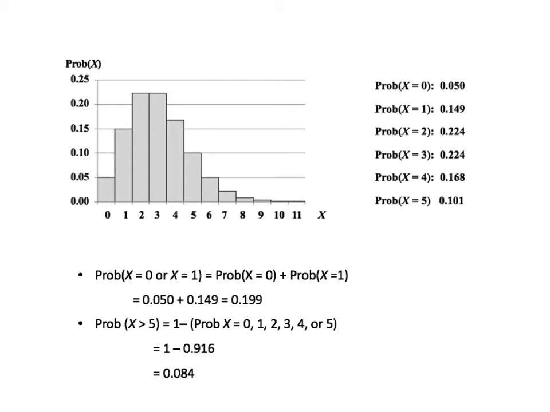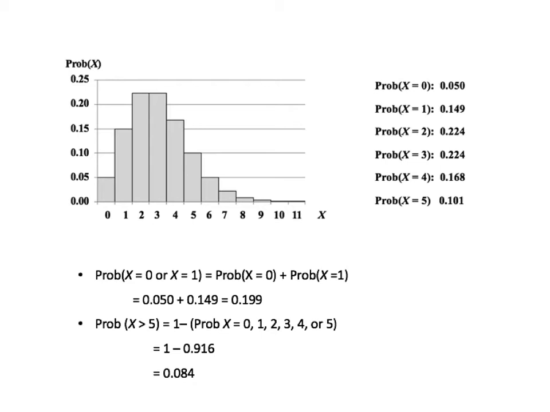We could try to add up the probabilities of x equals 6, 7, 8, and so on, but there would be an infinite number of them, and their individual probabilities would be very small. Well, we know that the probability of all possible values of x is 100%. That is 1.0.